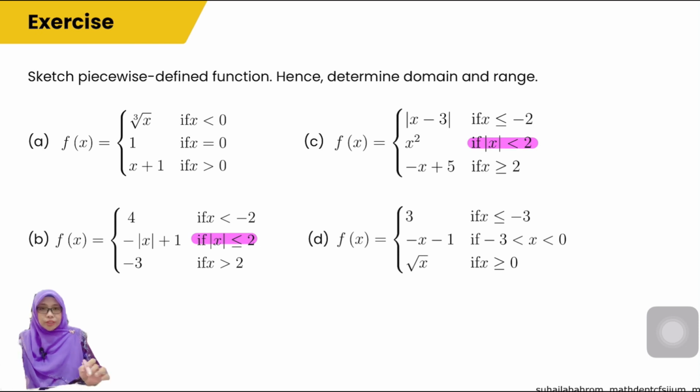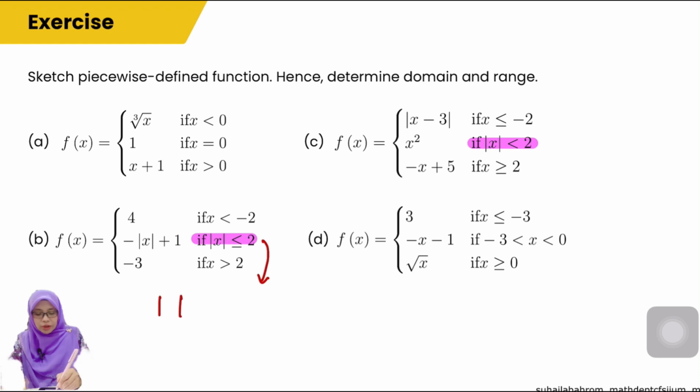Okay, I just want you to take note that when the domain is given in terms of modulus like this, let's say for question part B, you are given the equation negative modulus of x plus 1 if modulus of x, your domain, is less than or equal to 2. When you are referring to this one, you have to apply the properties of absolute values.